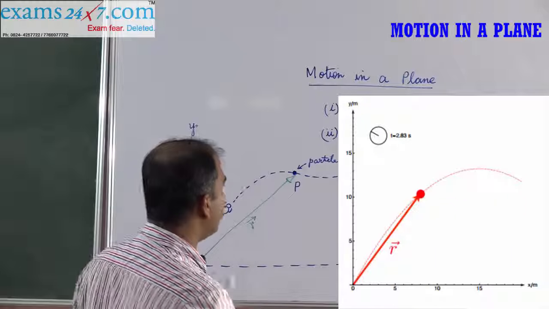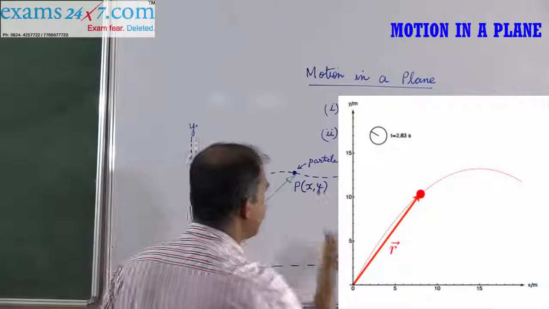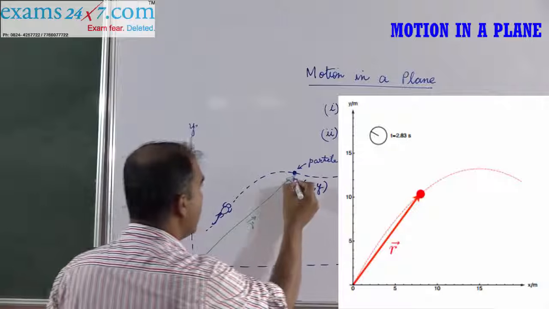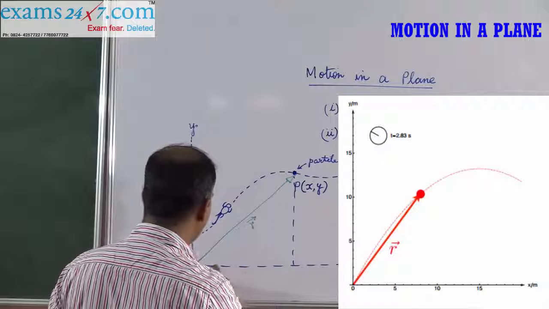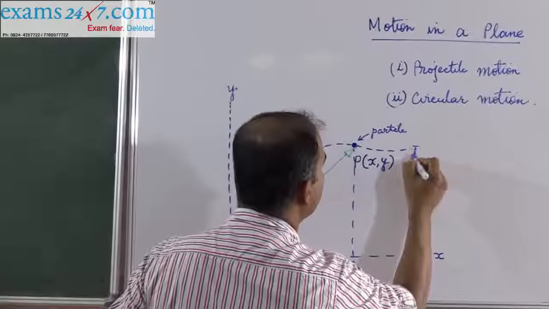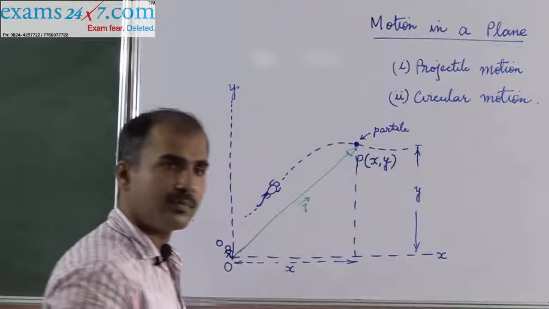Notice the fact that the point P is characterized by two coordinates, namely x and y. Meaning x is the distance to point P along the x-axis and y is the distance to point P along the y-axis.